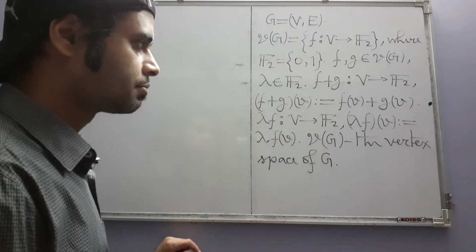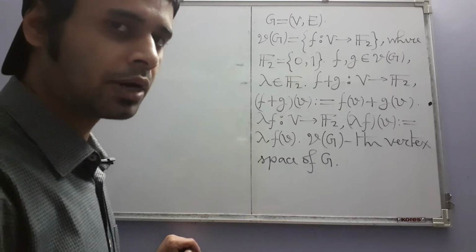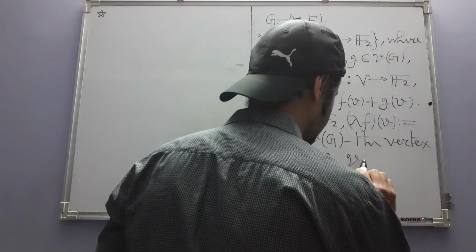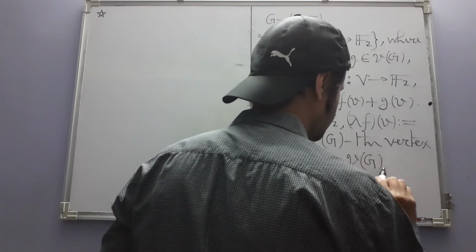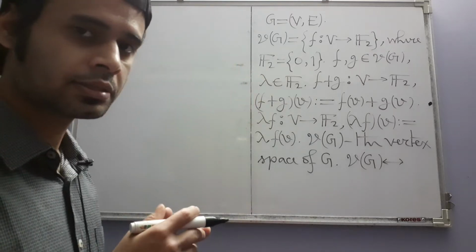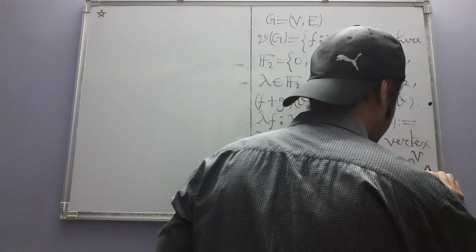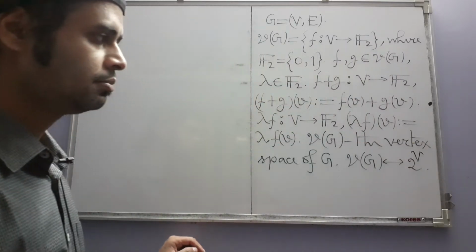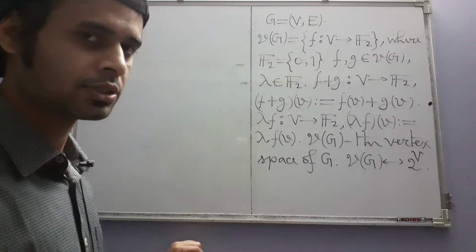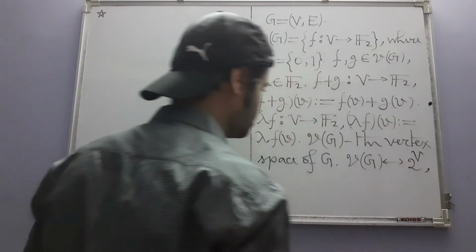And then we considered another way of looking at the vertex space by recognizing that there is a natural one-to-one correspondence between nu of G as a set and the power set of V, which of course is the set of all subsets of V. And the specific correspondence is this.